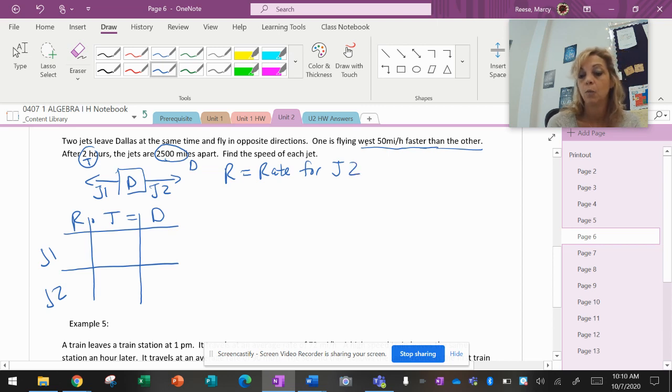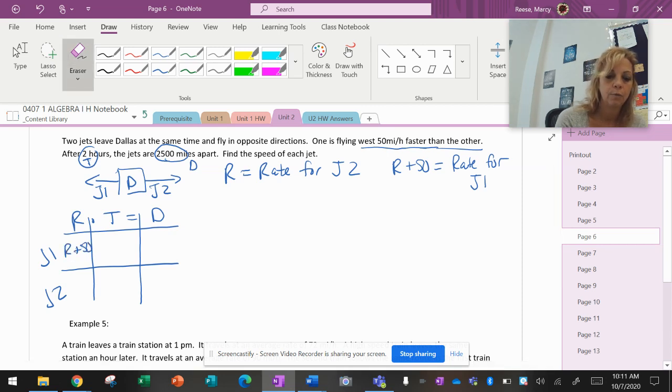And then the one going west, jet 1, is 50 miles per hour faster. So R plus 50 is the rate for jet 1. Okay, so I'm going to come down here and in my chart, where it says jet 1, I'm going to do R plus 50. You know what, let me move this a little bit.